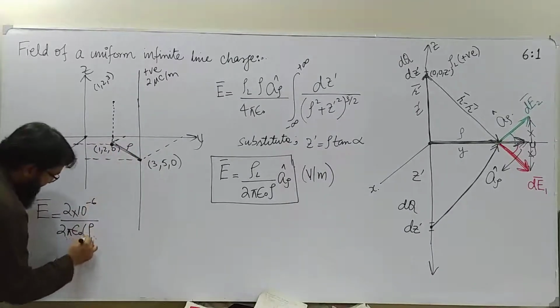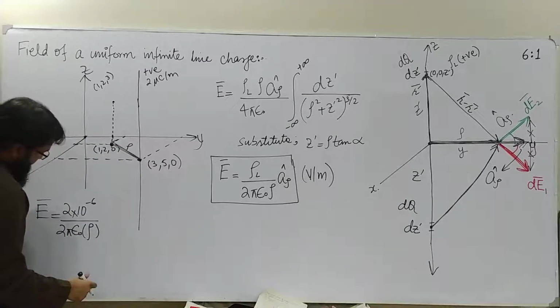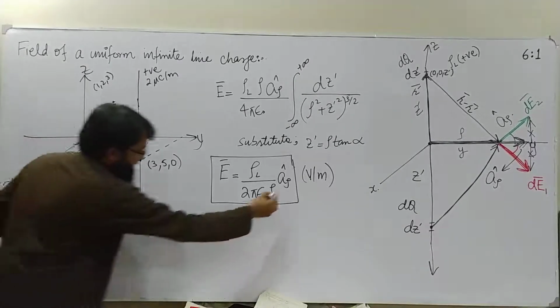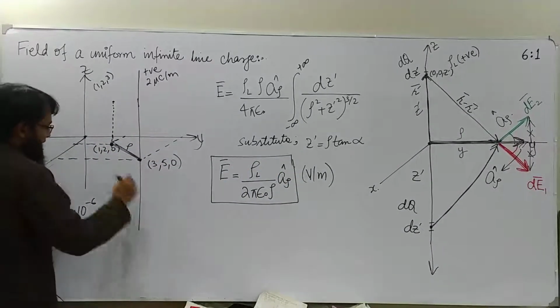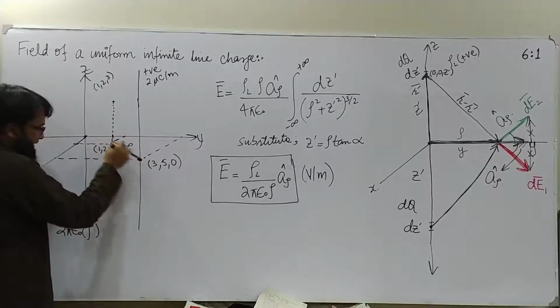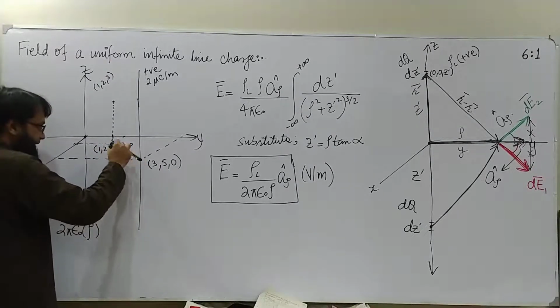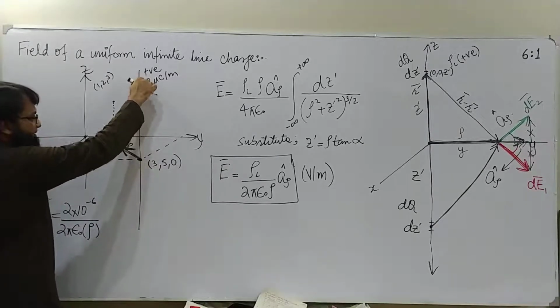You just find that using the distance formula. And then for arrow, just find a vector between these two points, which is pointing away from the source. Why away? Because this is a positive line charge density.